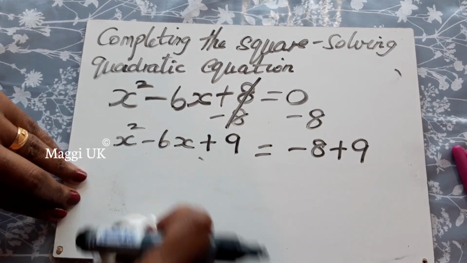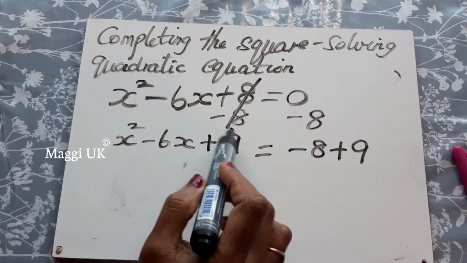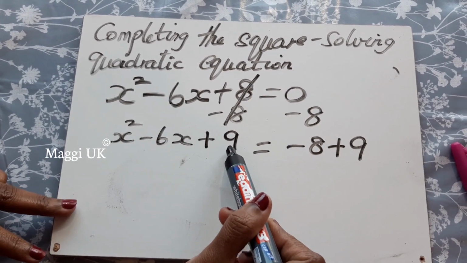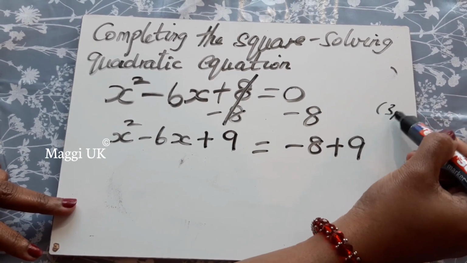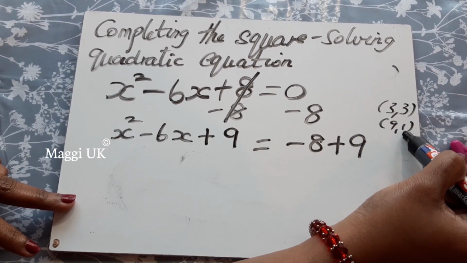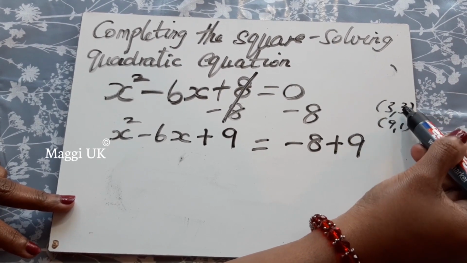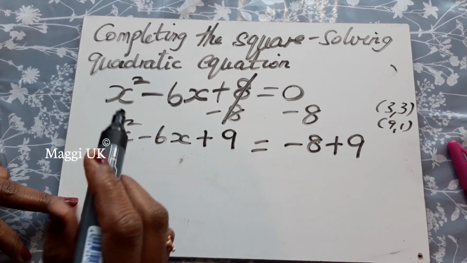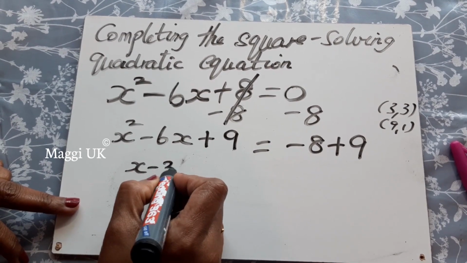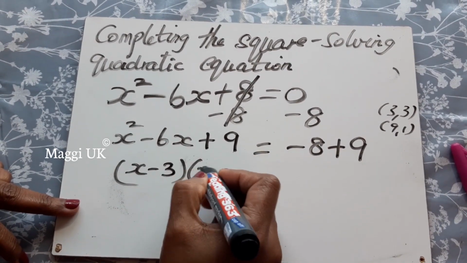Now you can factorize this, using the multiples of 3, 9 and 1. But you can't take 9 and 1, so we are going to take 3 and 3, because you have a minus 6 here. So it's going to be minus 3 and again minus 3.